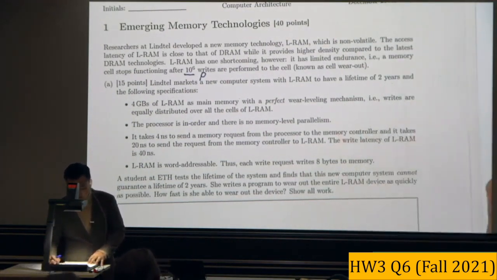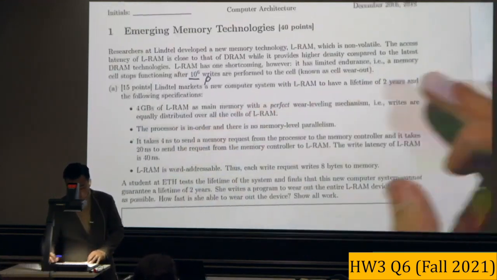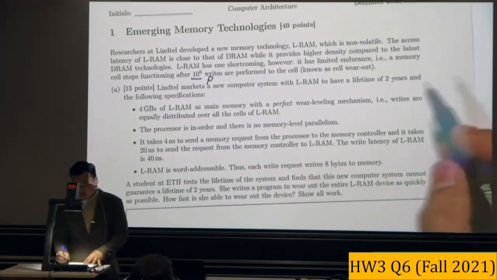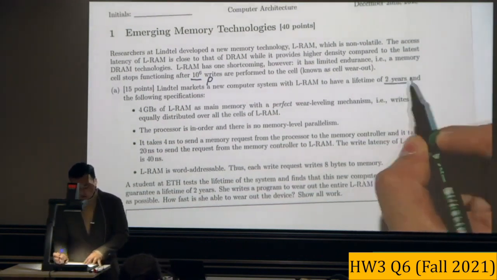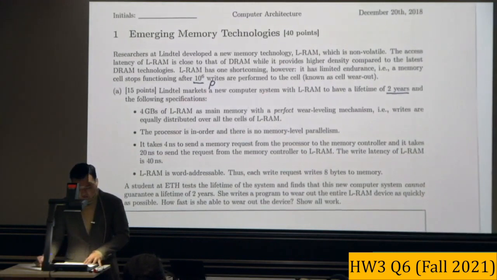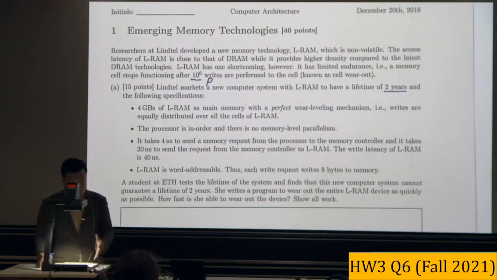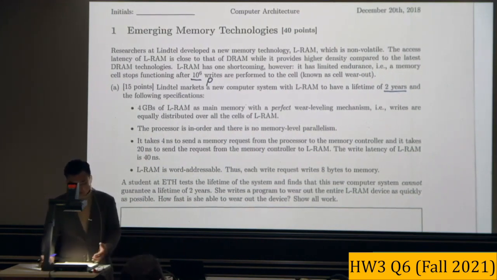And the first question is asking, let's read the first question. Lindau markets a new computer system with LM to have a lifetime of 2 years and the following specifications. Okay, so their target lifetime is 2 years. 4 gigabytes of LM as main memory with a perfect reliability mechanism. Somehow they can provide perfect reliability.